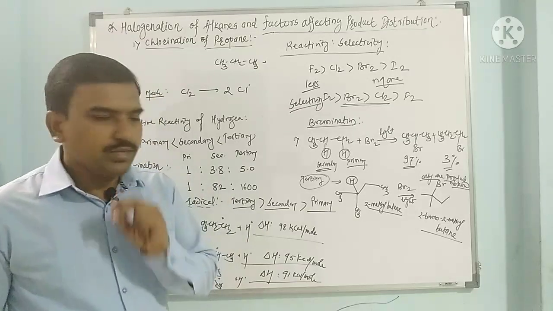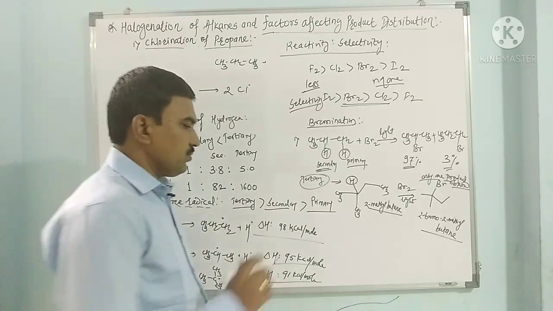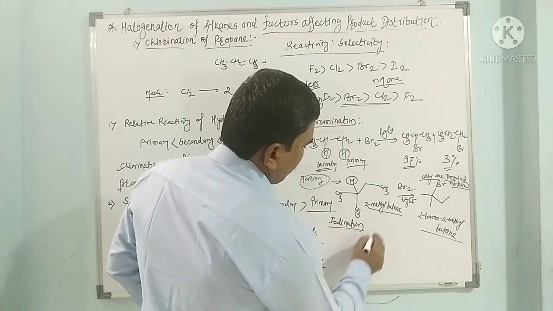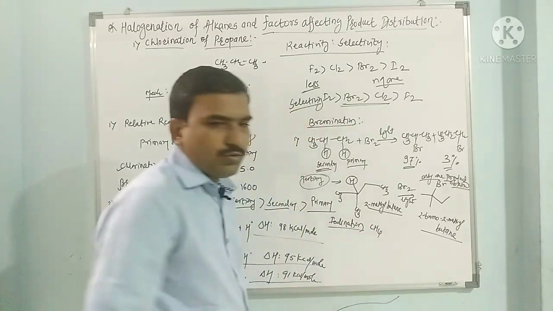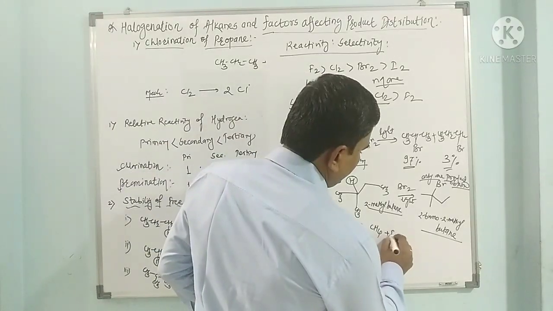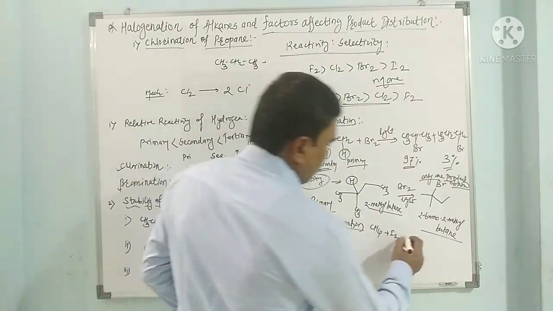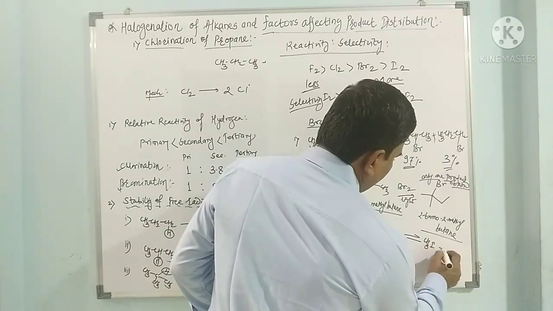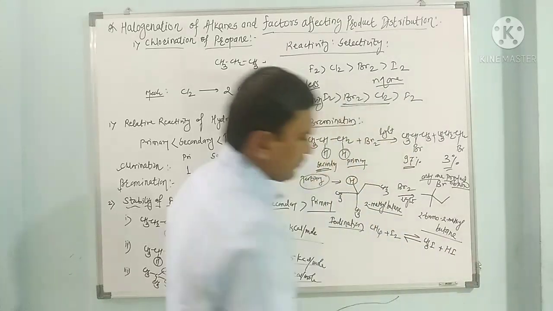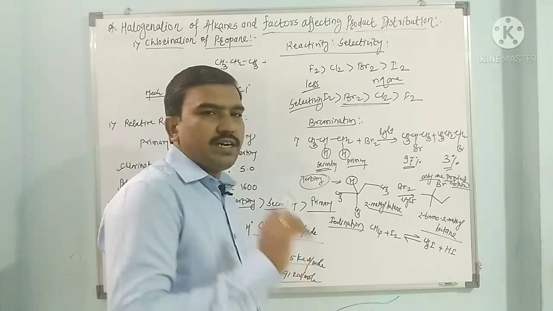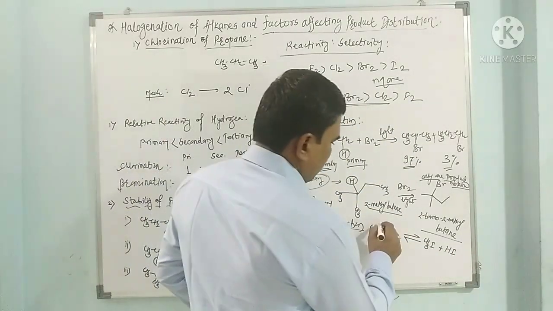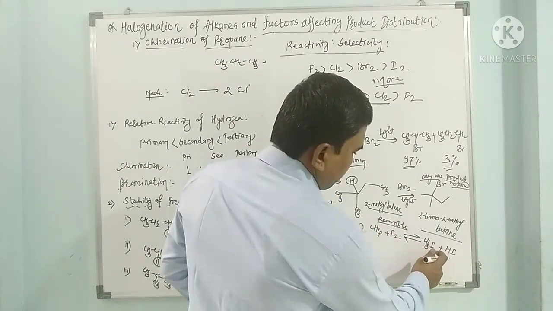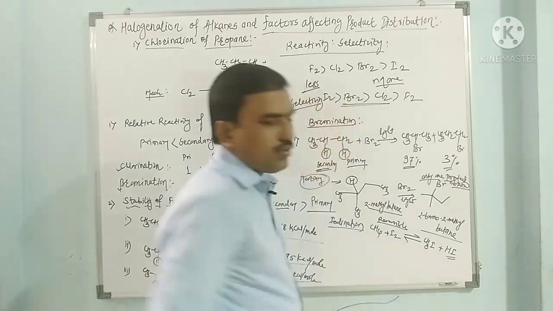The last example is iodination of methane. When CH4 reacts with I2, it gives CH3I plus HI. But this is a highly reversible reaction. This HI acts as a strong reducing reagent.